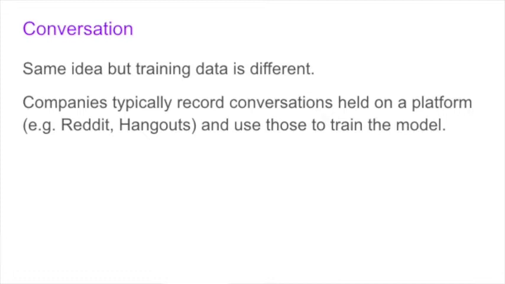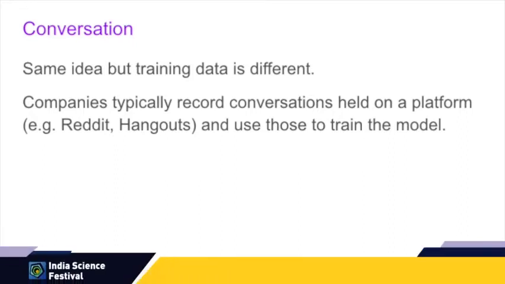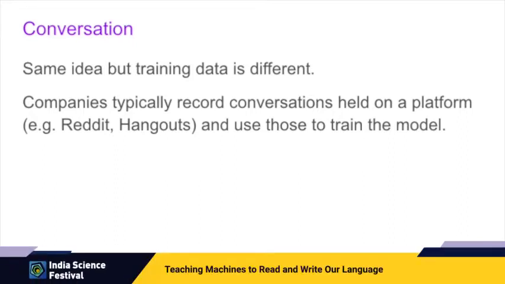So, that was translation. Now, how does a machine learn to converse? Actually, surprisingly, the basic technology is still the same. We are going to use a sequence to sequence learning model which will be trained on a huge number of conversations. Most large companies have access to conversation records of billions of people around the world who use their software. Suppose many of us academics use Hangouts a lot, and companies like Google record conversations that we conduct on Hangouts.